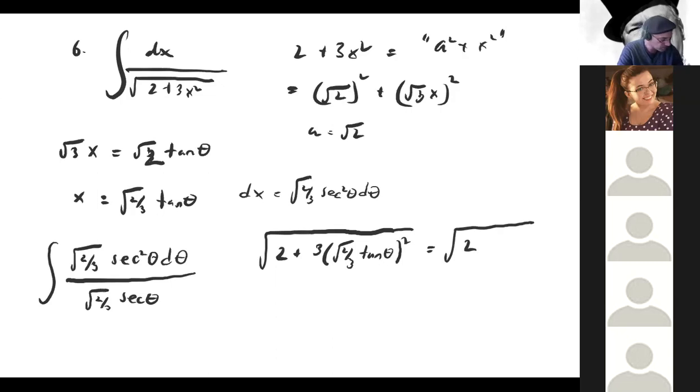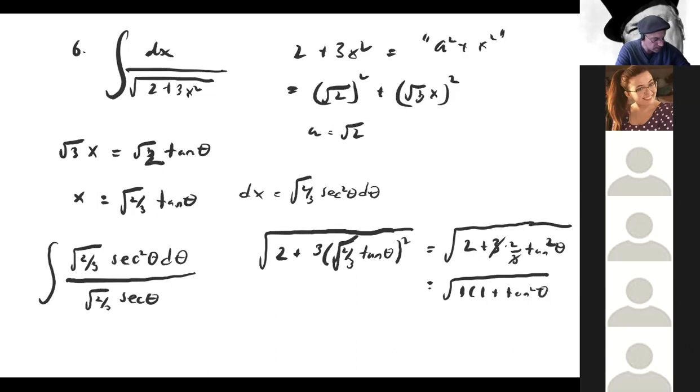When you square everything inside, you're going to get 3 times 2/3 times tangent squared theta appearing, and the 3's cancel, and you're going to get the square root of 2 times 1 plus tangent squared theta. And I think I messed up what I claimed. So this would be secant theta. So there's no constant here. That was too fast.